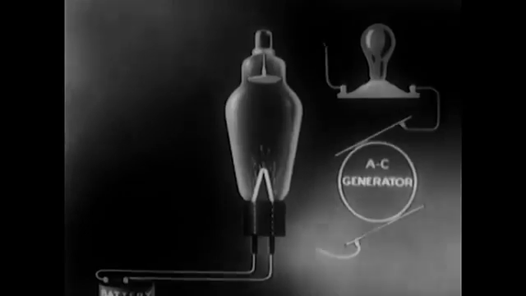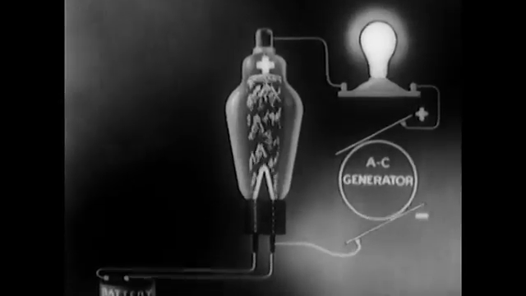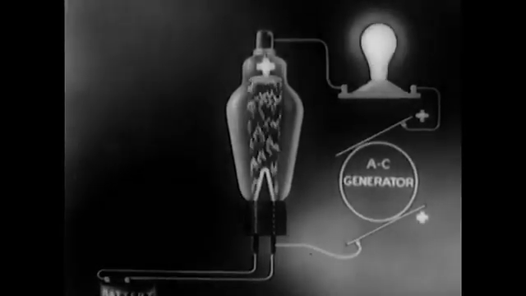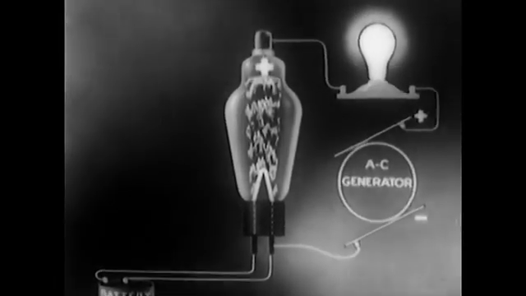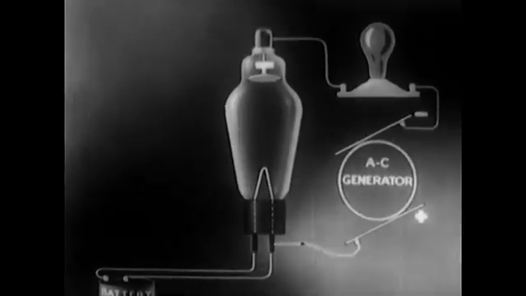We can do this merely by connecting an electronic tube in series with an AC circuit. As you study this circuit diagram, note that only each positive half wave of AC voltage will now produce a current. When the anode is negative, the electrons are repelled and no current flows.